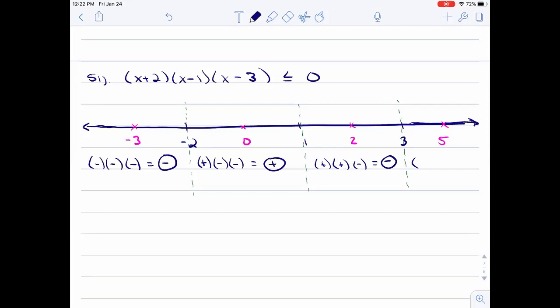You'll want to check to confirm it with a graph on Desmos, maybe, but it's pretty safe, right? Because it'll just kind of go up and down, up and down. And so here, if we use 5 in there, 5 plus 2 is positive, 5 minus 1 is still positive, and 5 minus 3 is still positive. And so I get a positive overall.